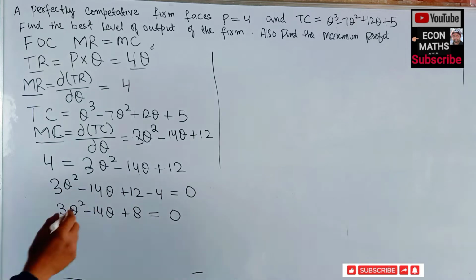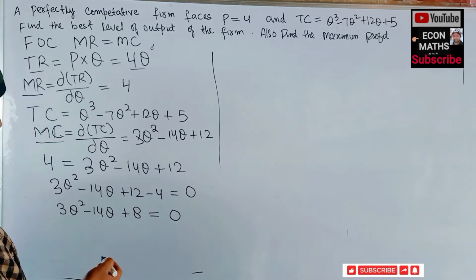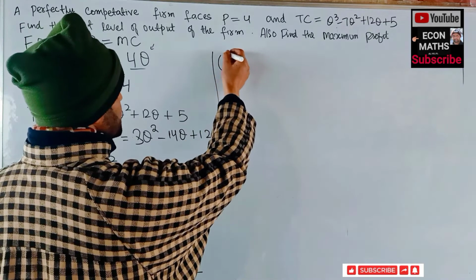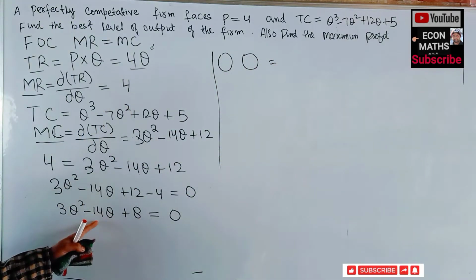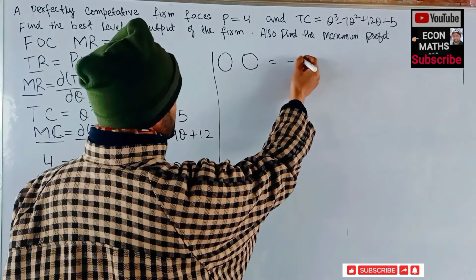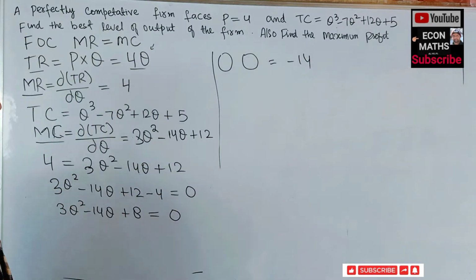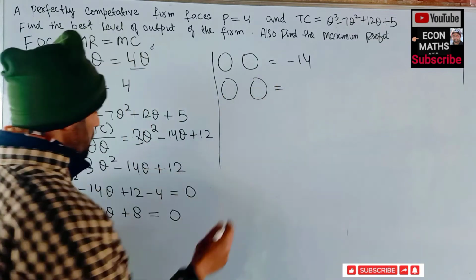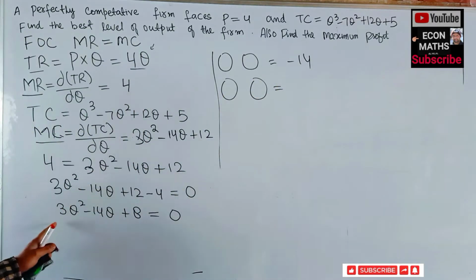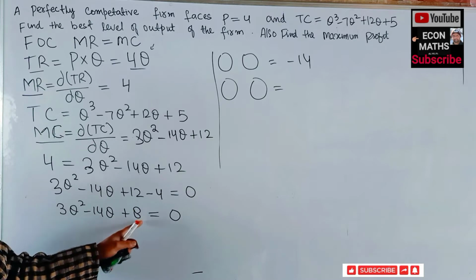We should get two numbers whose sum is equal to the coefficient of the middle term, that is minus 14, and whose product is equal to the constant term times the coefficient of the first term, so 8 times 3, which is equal to 24.